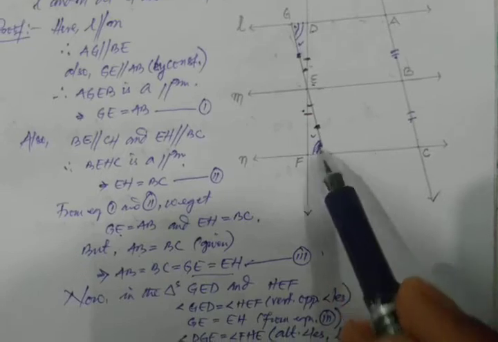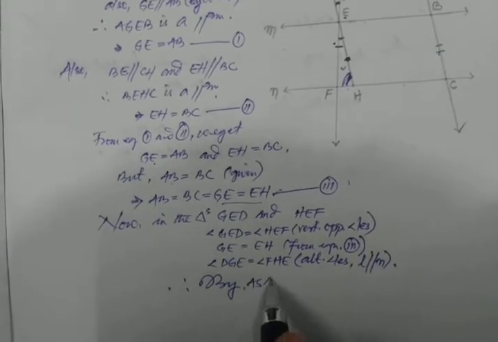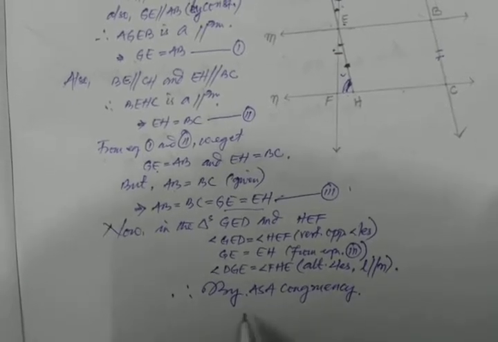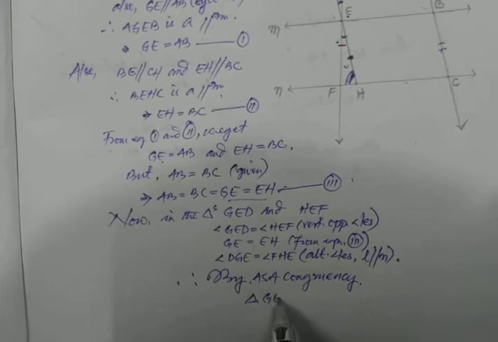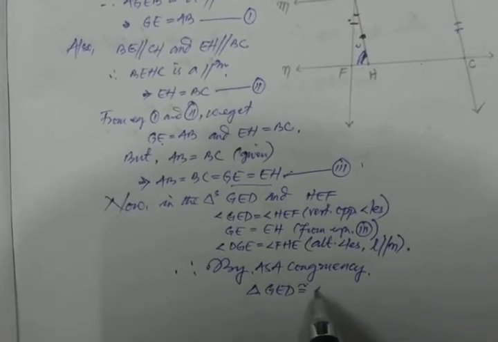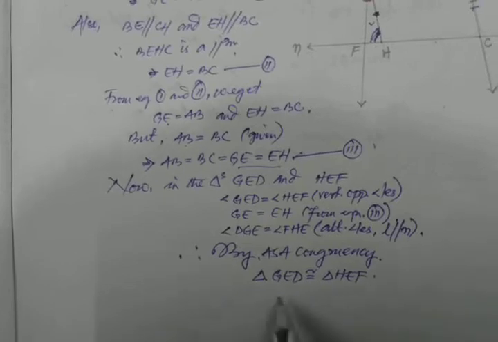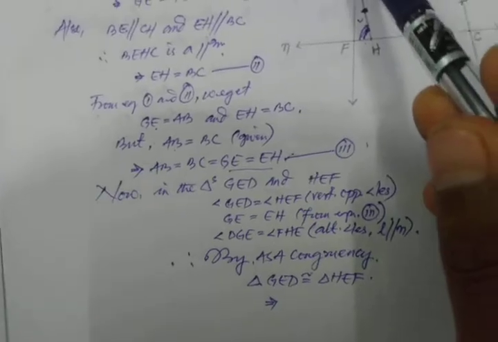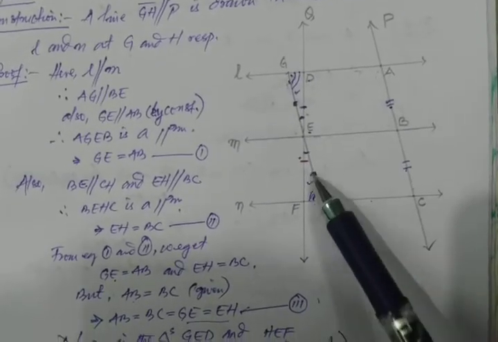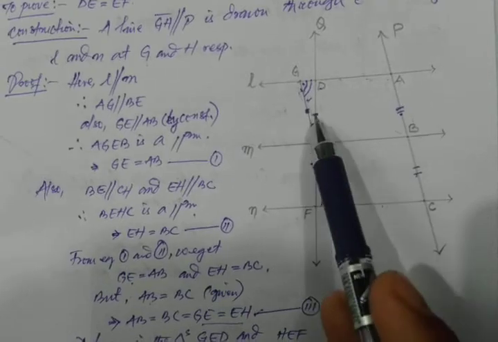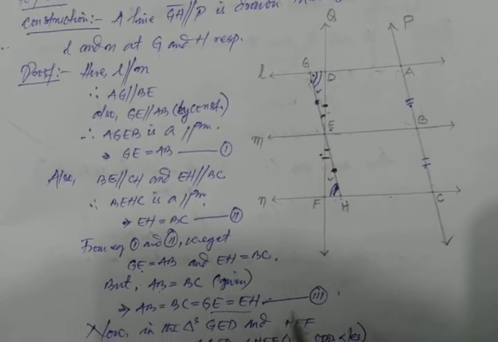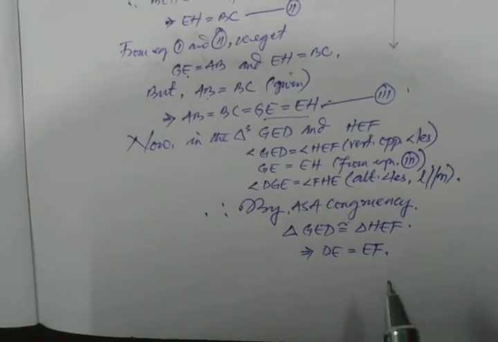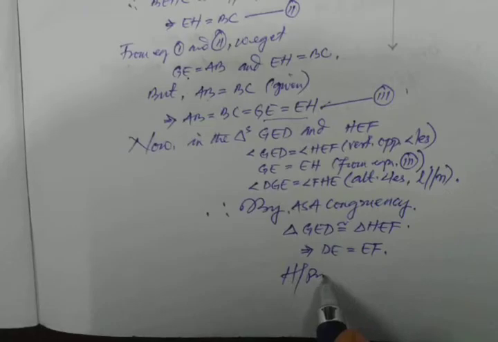So by ASA congruency, triangle GED is congruent to triangle HEF. Now, if these two triangles GED and HEF are congruent, DE should be equal to EF. Hence, proved.